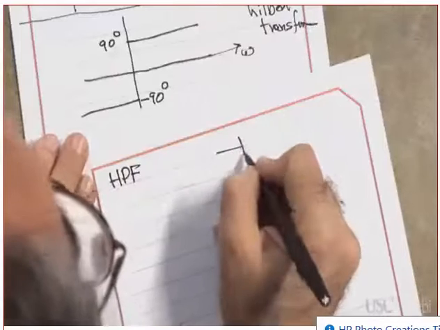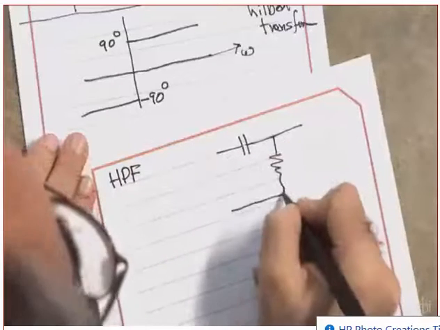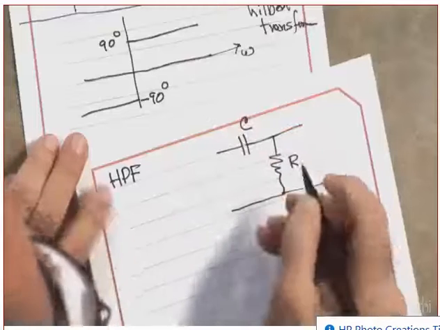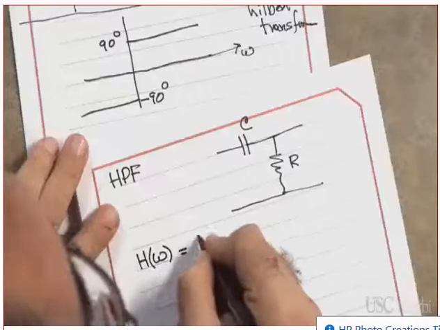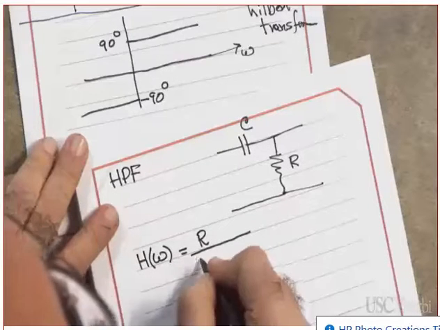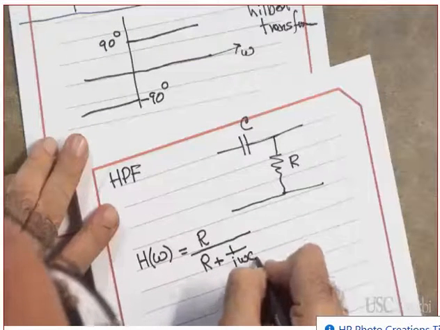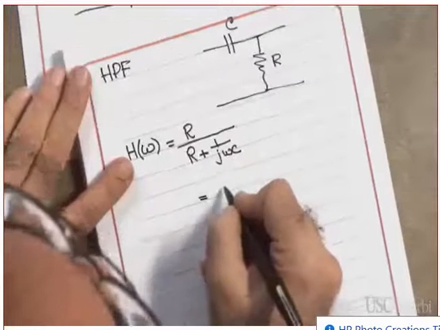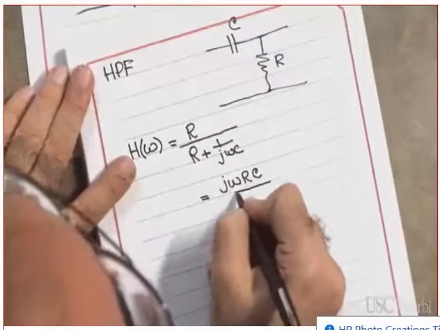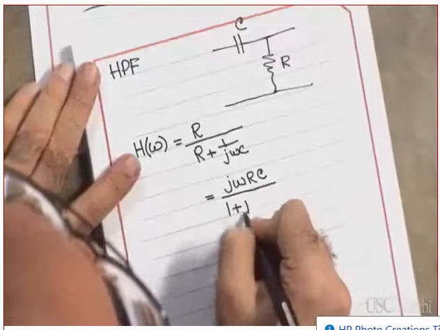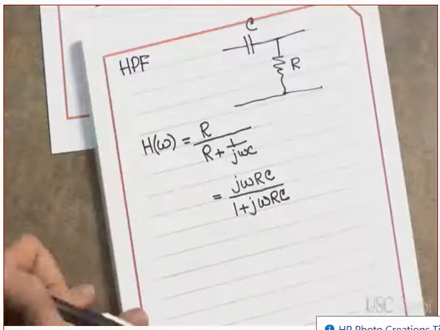This is the high pass, C, R. So what is H? H equals R over R plus 1 over j omega C, which is equal to j omega RC over 1 plus j omega RC. Do you agree? Okay.